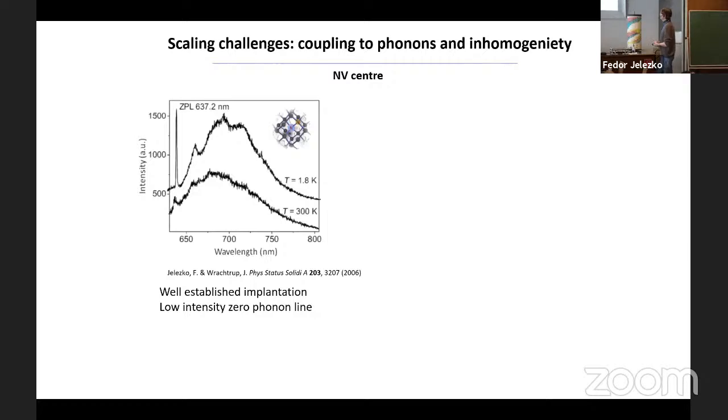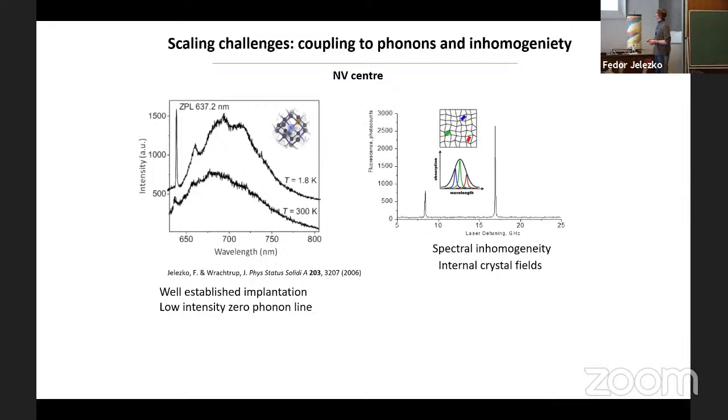And so NV Center actually is not the best candidates from my point of view, because most of the photons that are emitted, even at low temperature, are in so-called the phonon sideband, which are incoherent. They are good for this spin detection, but they are not good to connect spins via photons.